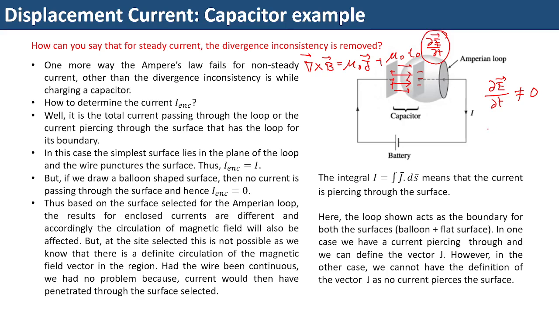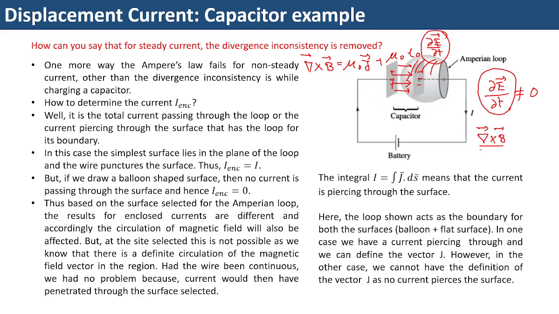So when you consider this particular surface, the balloon shaped surface, although the real current was not giving you any value of magnetic field, the variation of the electric field with time will certainly give you the value of the curl of magnetic field.